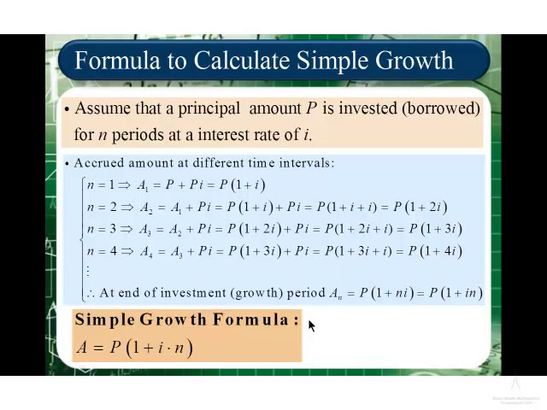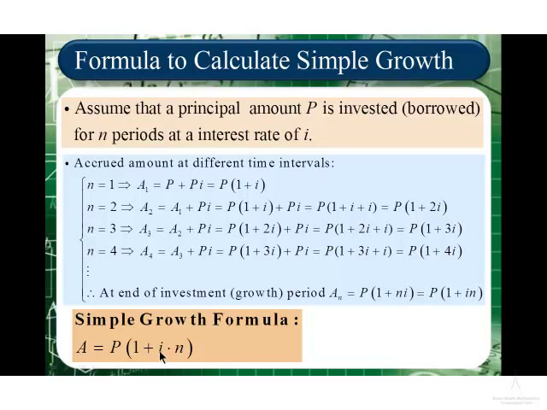To summarize then, we have the simple growth formula as stated, which relates the final or accrued amount if a principal amount is invested for n interest periods at a simple interest rate in decimal form of I.